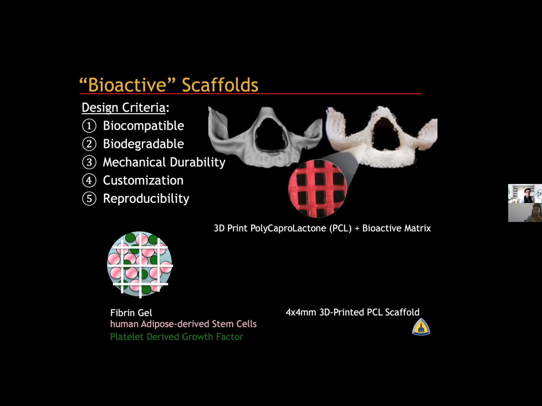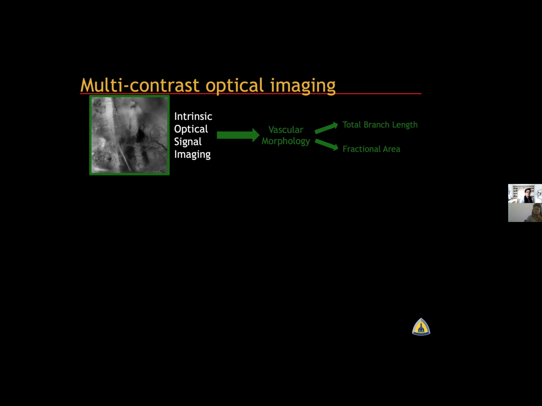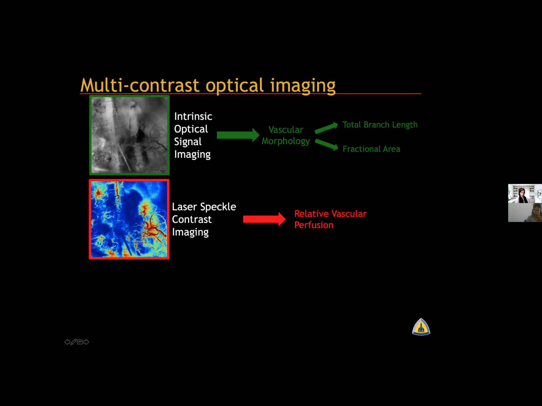So one of the questions we set out to answer using our benchtop imaging system is, in an animal model of this injury, can we use this multi-contrast optical imaging pipeline to look at what happens in the tissue environment? So we can use, again, the same method, IOS or intrinsic optical signal imaging, to look at changes in vascular morphology in the bone graft region. We can use laser speckle imaging to look at how well this tissue or graft site is perfused.